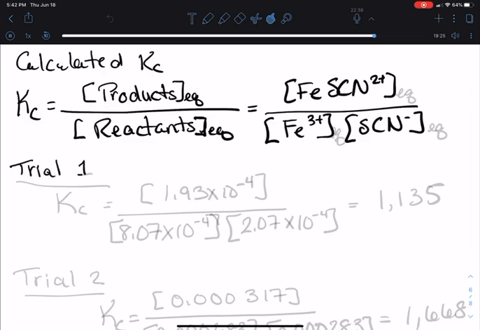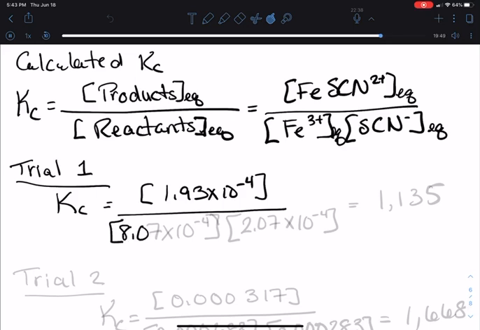So for trial 1, Kc would be equal to the concentration of our product, and that's from the table that we just did all those calculations for. Let's write equilibrium here so we know which concentration to use. Divided by the concentration of our reactants multiplied together.